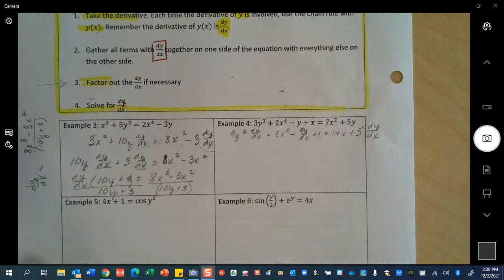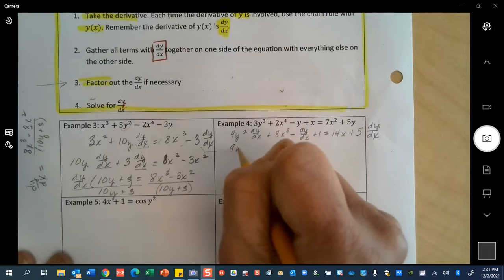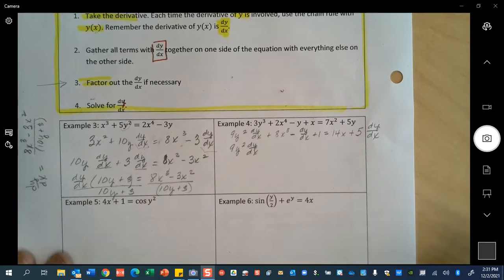Now I need to get all my dy/dx's on the same side of the equation. 9y squared dy/dx is good where it is. This guy's going to go. This guy's going to go. This guy has to come join.